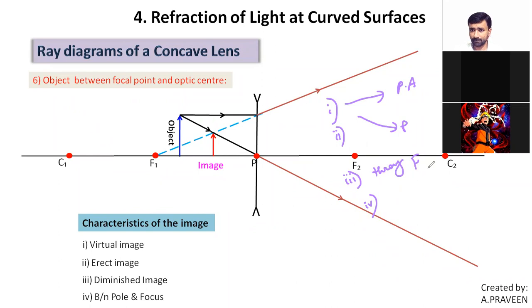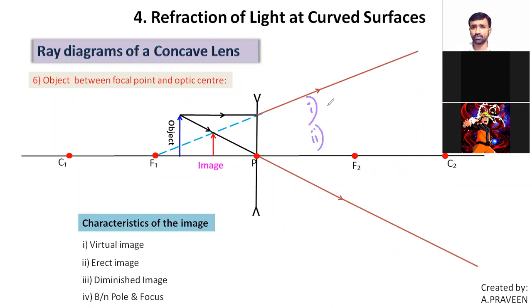What is situation 1? I think along the principal axis. Second one is through pole. Third one is parallel to principal axis. Fourth is through F. I think these are correct. So four situations we discussed, right?